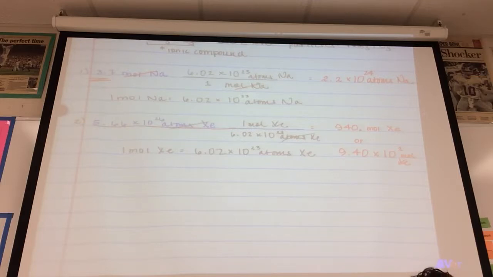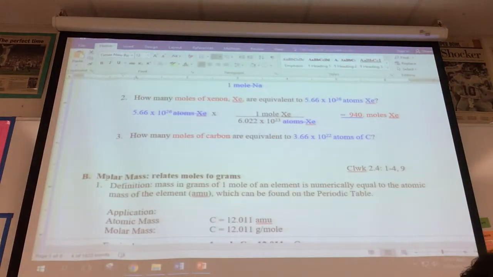Three, how many moles of carbon are equivalent to 3.66 times 10 to the 22nd atoms of carbon? So number 3 is on the screen, and I'd like you to try number 3.